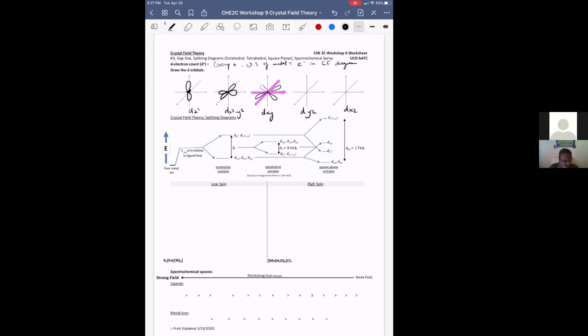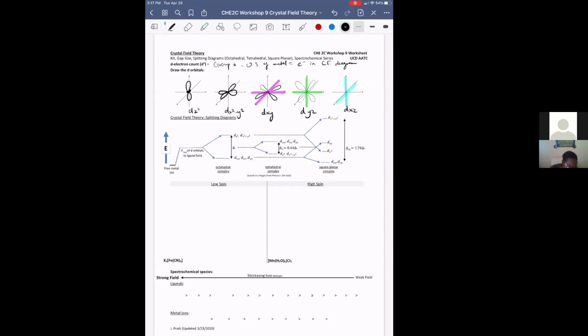And then for our dyz orbital, we want our orbital to occur between our y and z axes. So that would actually go here and here, as well as here and here. And then for our dxz orbital, we'll take our z axis and our x axis.